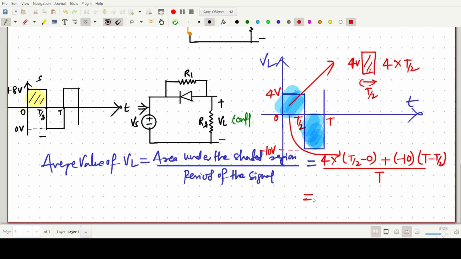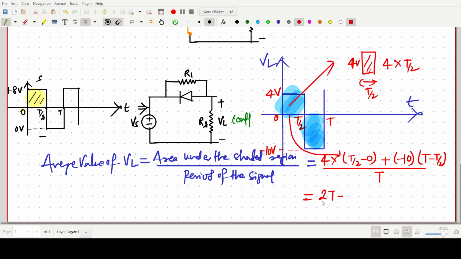So now we can say this should be 4 times T by 2, and this should be minus 10 times T minus T by 2, which gives minus 5T.